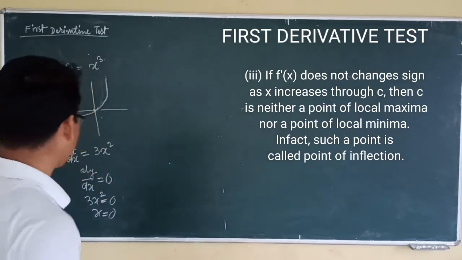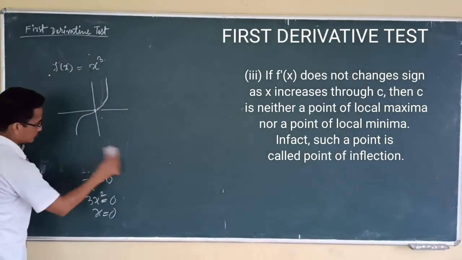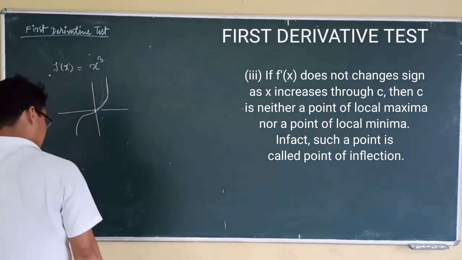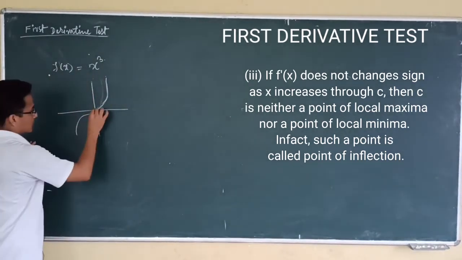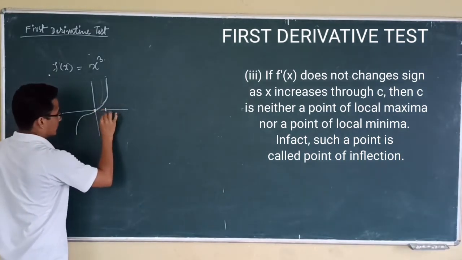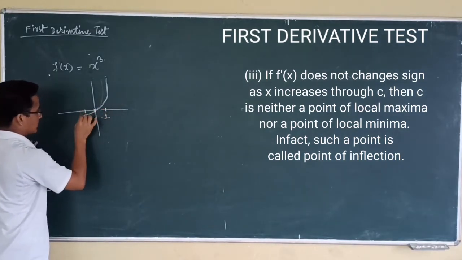Now we will see whether our sign is changed or not at that critical point. So let's see. This is 0. I'll take the value 1 and minus 1.